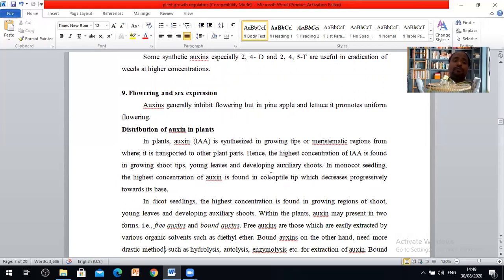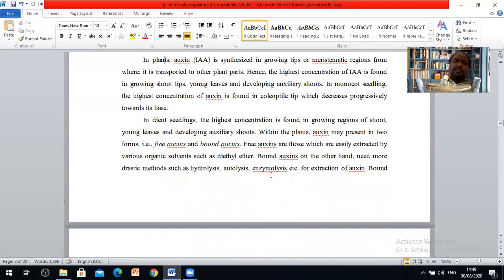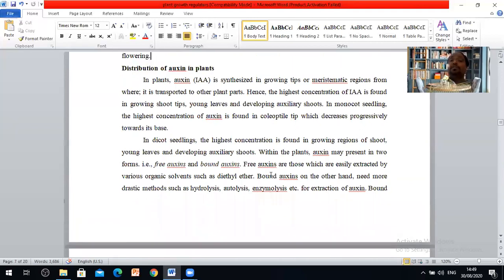Distribution of auxin in the plant: we already discussed that in plants, auxin, that is indole acetic acid, is synthesized in the growing tip of the meristem, the meristematic region. From here, it is transported to other parts of the plant, and the higher concentration of indole acetic acid is found in growing shoot tips, young leaves, and developing auxiliary shoots, isn't it?